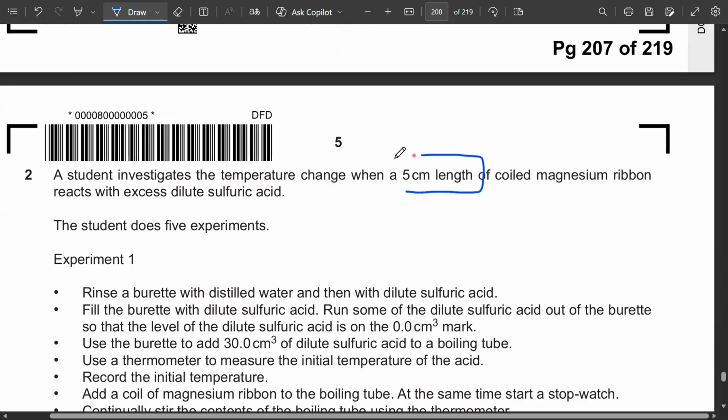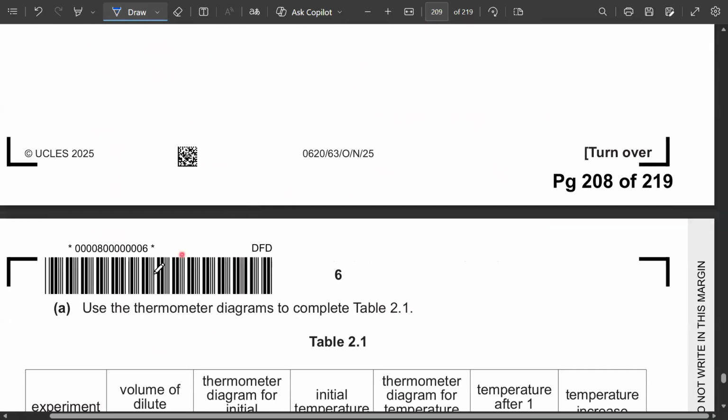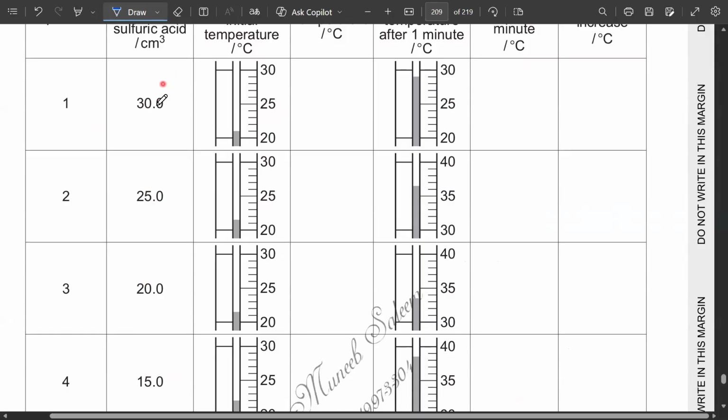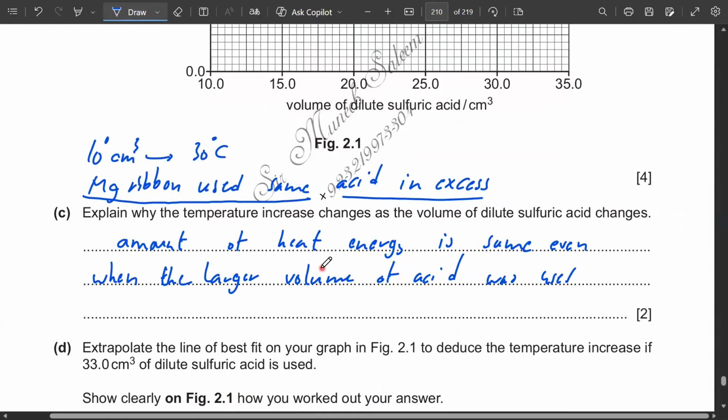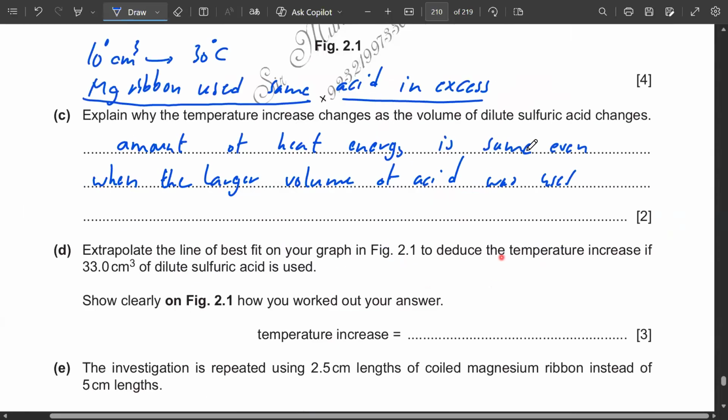It is the length, and at the same time it's the amount of the magnesium element. So both are the same, and sulfuric acid is already in excess in all the experiments. However, the volume has been changed from 10 cm³ till 30 cm³. So that's why the temperature rise was less, even when a larger amount of the acid was used.